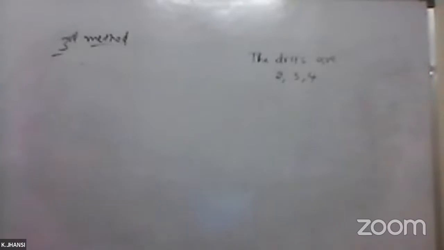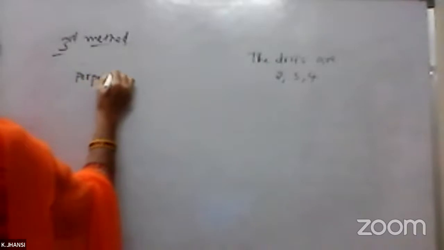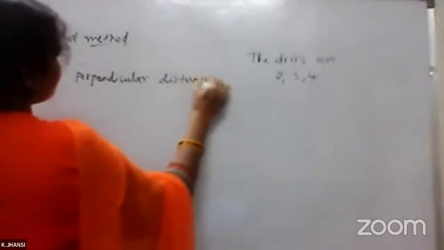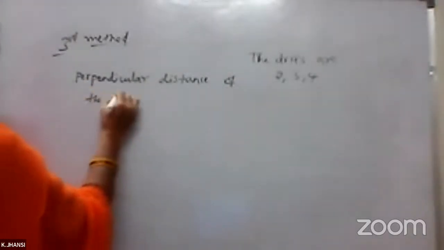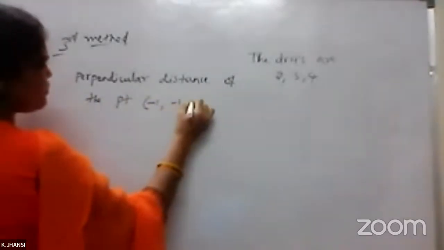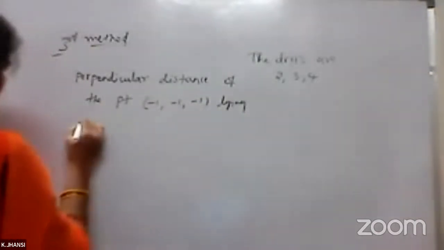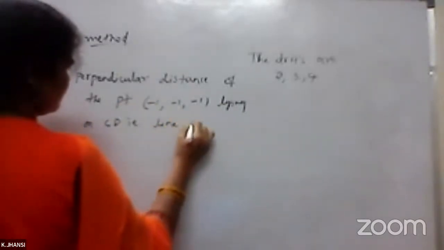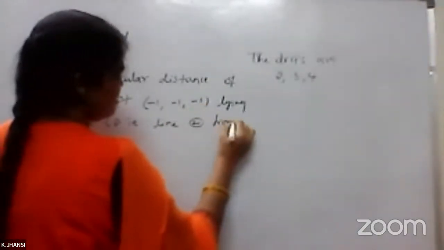That is the perpendicular distance of the point. So we are taking here the second line point, that is minus 1, minus 1, minus 1, lying on CD, that is line 2, from this plane.